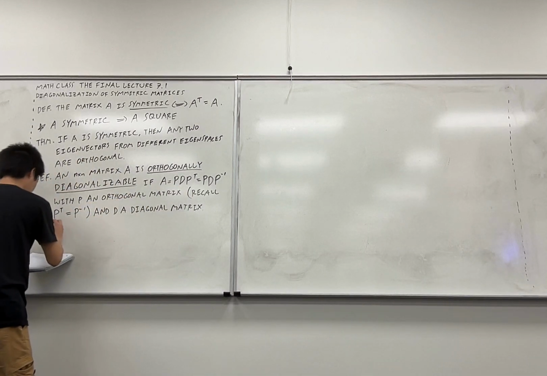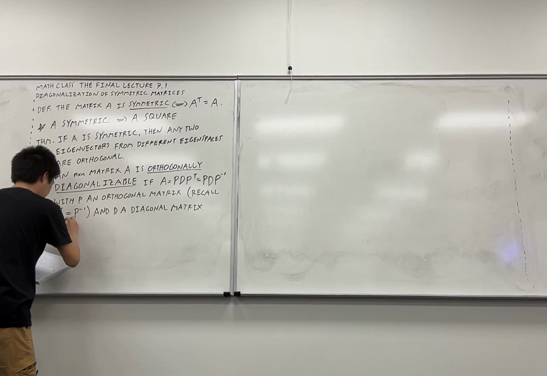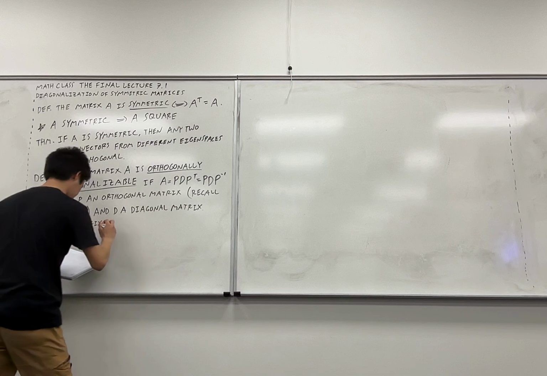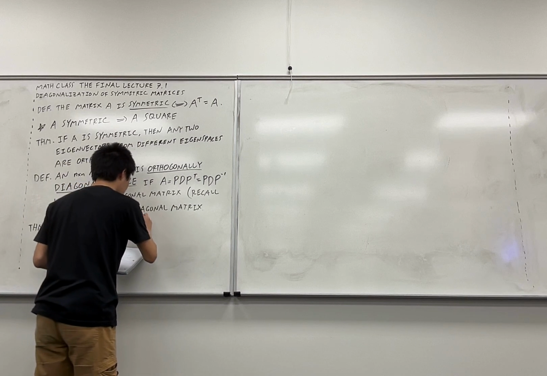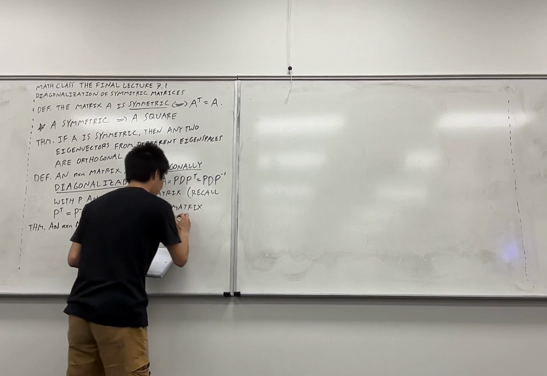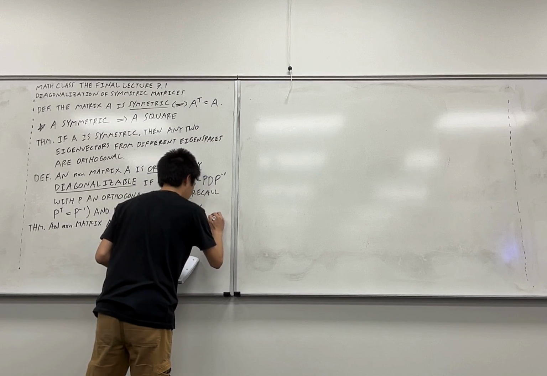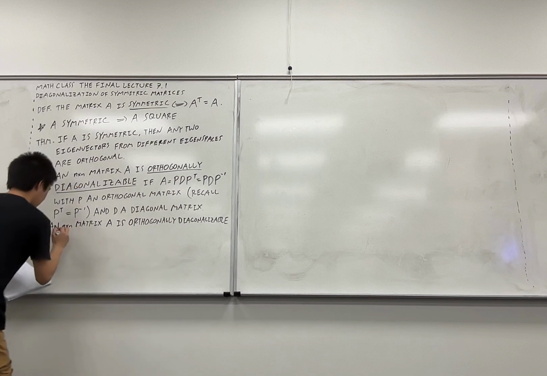So, A, an n by n matrix, is going to be orthogonally diagonalizable if and only if A is symmetric.